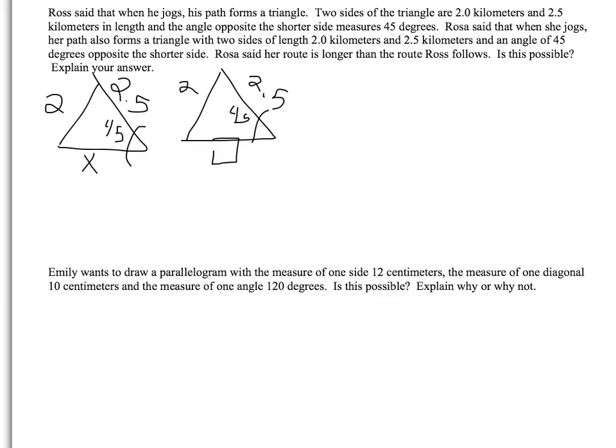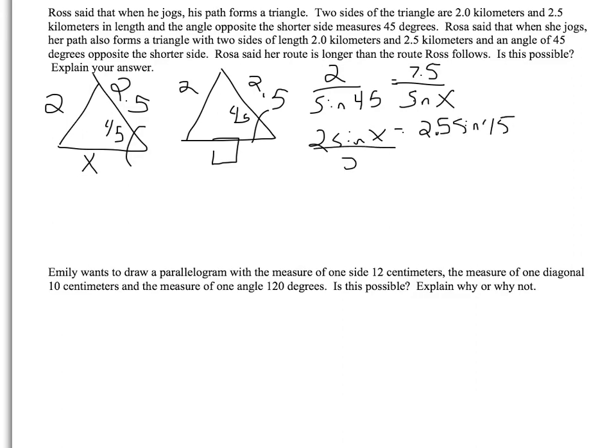And it says, explain. Well, this question is really asking us, can we make 2 different triangles? Well, let's see if we can. Law of sines says it's going to be 2 over sine 45 equals 2.5 over sine x. Cross multiply. Divide by 2. And take the inverse sine.